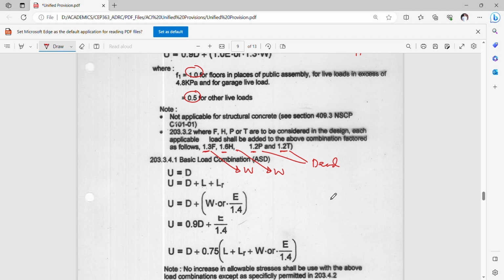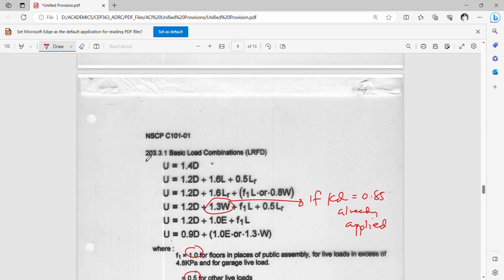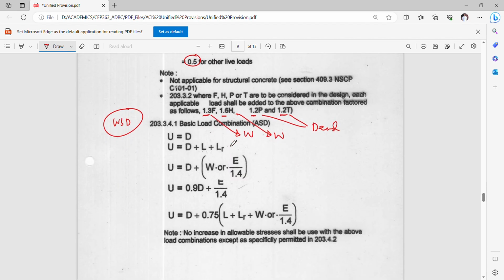For the basic load combination in ASD, because in NSCP some are still using ASD in the year 2001, we have this load combination as the basic load combination for ASD. So the factors here are not load factors, but they are factors which are empirical to the equation itself.